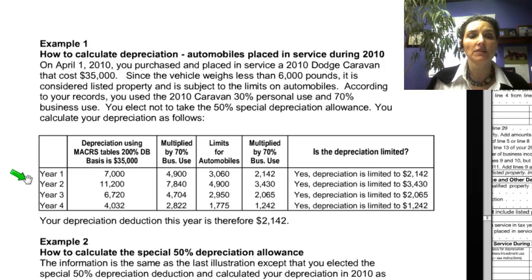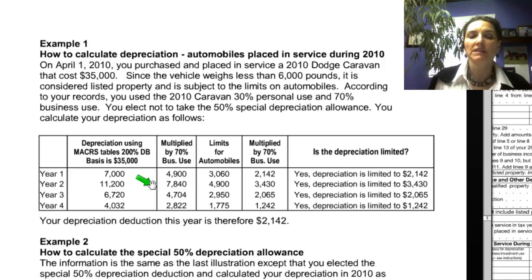Let's go over to year two. And in year two, under the MACRS depreciation tables, you are allowed 32% of the original cost of that vehicle, or 40% of the declining balance of that vehicle. Well, we're going to go with 32% from the tables, and if we went on 32% from the tables in the second year, we would be allowed an $11,200 deduction.